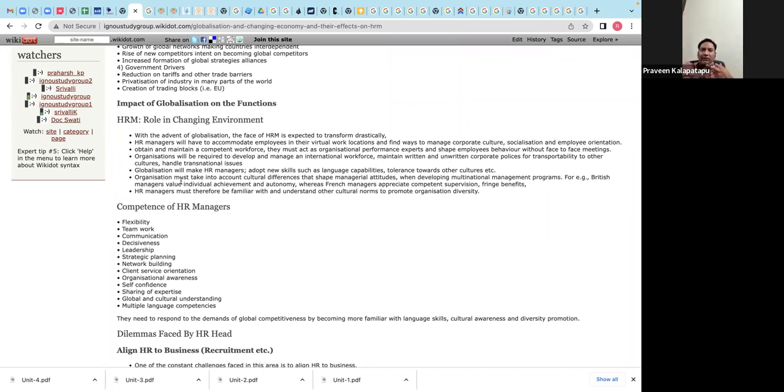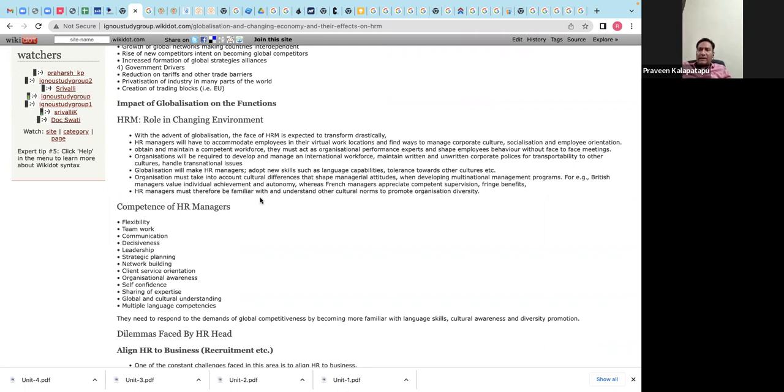How do you inculcate that organizational commitment, and how are you going to measure their performance? Everything changes when it comes to this virtual work, right? So organizations do have a different challenge. How exactly they can shape up the behavior of people without even face-to-face meetings is a big challenge that it brings into this mix, right?